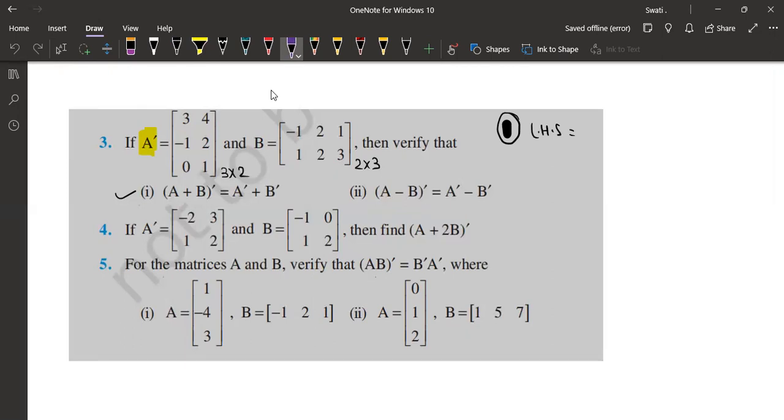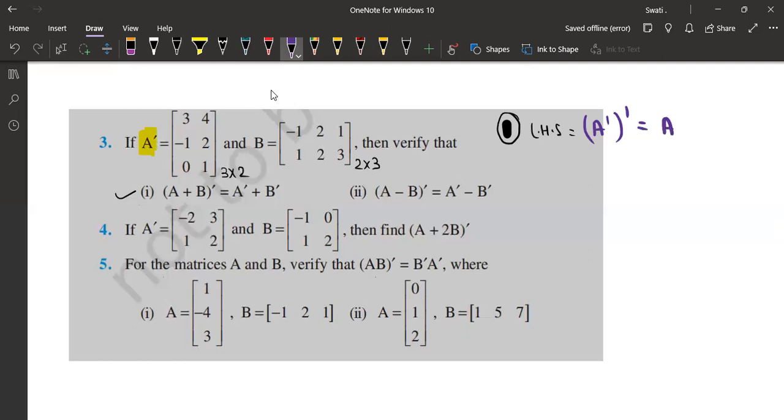So let me tell you one formula about transpose, that if you have a transpose matrix given, and then you find the transpose again, that means transpose of transpose, you will get your original matrix. That is it. This is a formula.